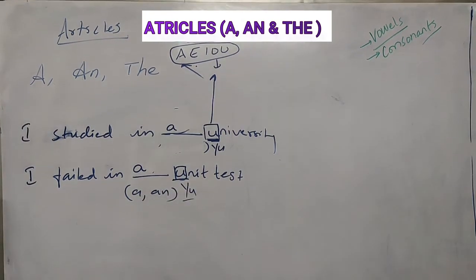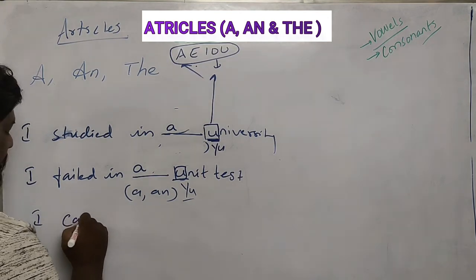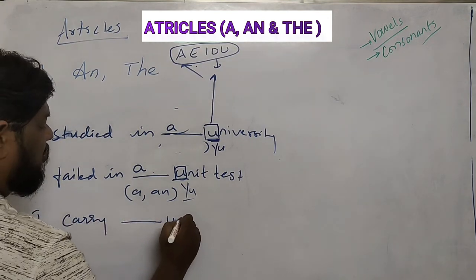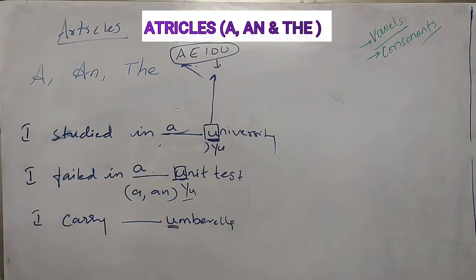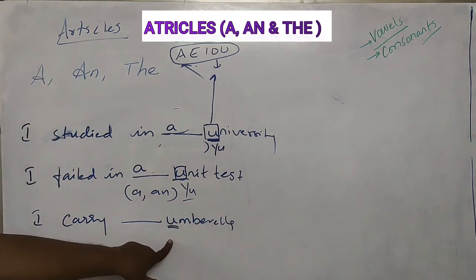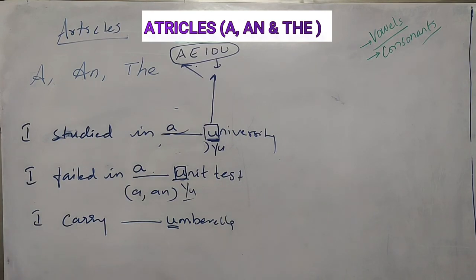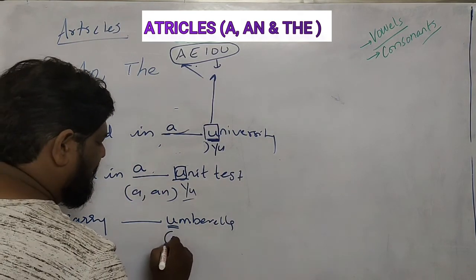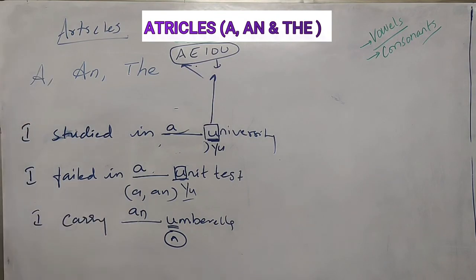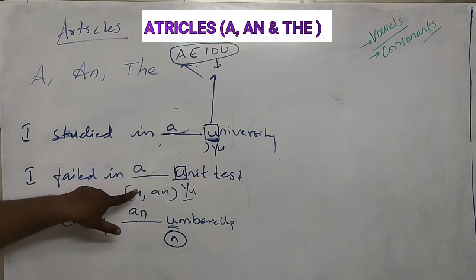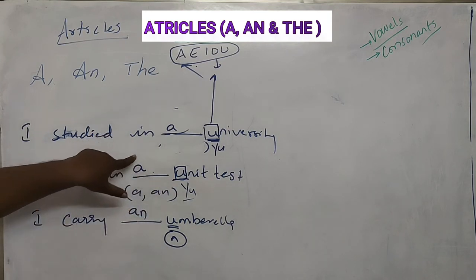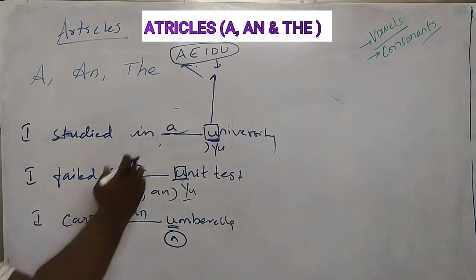Now if you take I carry dash umbrella. Again here there is U, but the pronunciation is different. You are saying it as "umbrella", right? That is an A sound here. You write "an" here. But whereas in these two, university and unit test, you cannot write "an". What do you write here? A. One more example I'll give you in the same way.